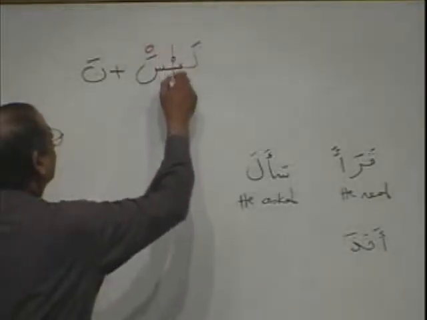It is called iltiqa' sakinain, meeting of two sukoons. And if one of the sukoons is a weak letter, then we drop it, give it a pink slip, discharge him. Now what is the result? Lasna. Do you know how it came?